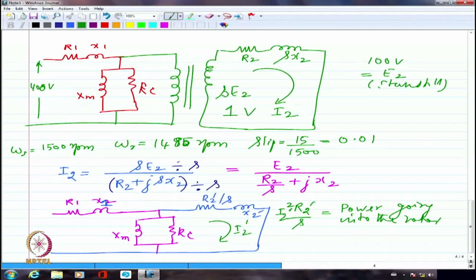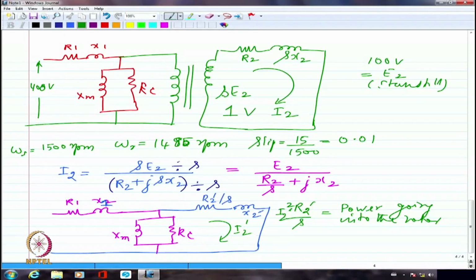There will be definitely dissipation. That will be I2 dash square R2 dash. That will be the dissipation, right? So, whatever is the power that is getting into the rotor, part of it will be dissipated in the rotor resistance. Rest of it is the one which is converted into mechanical power. So, we are going to bifurcate this power into two portions.